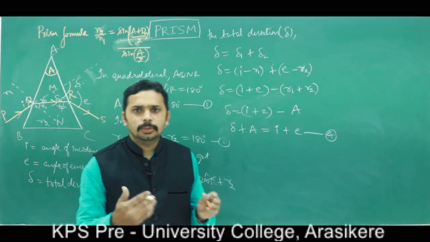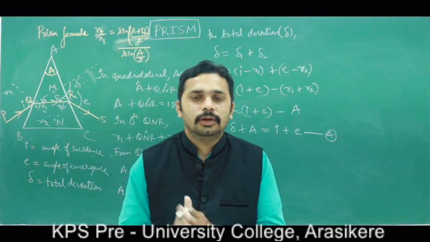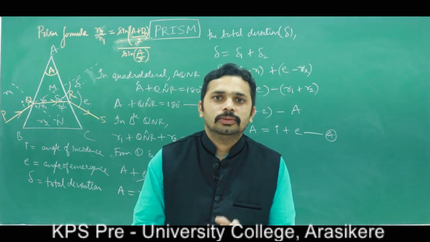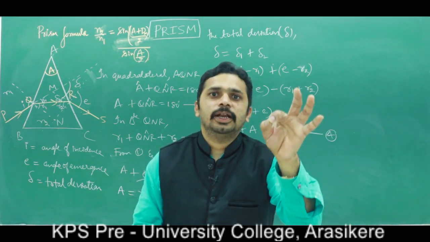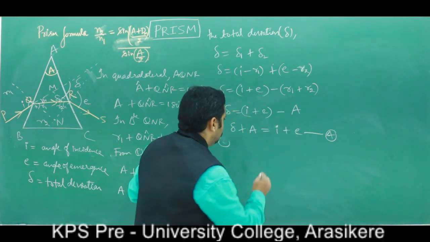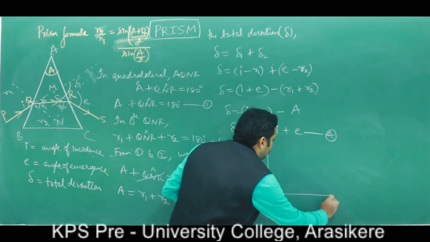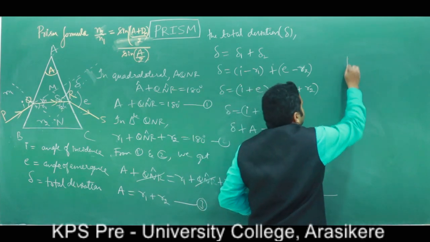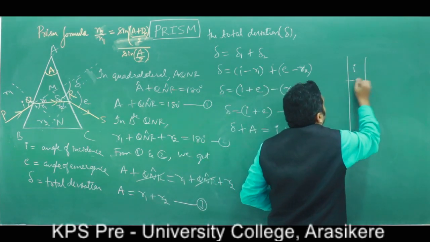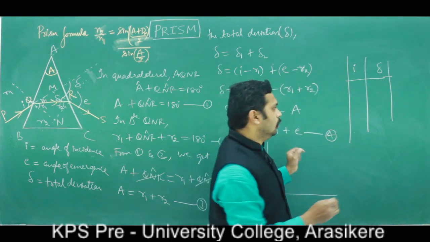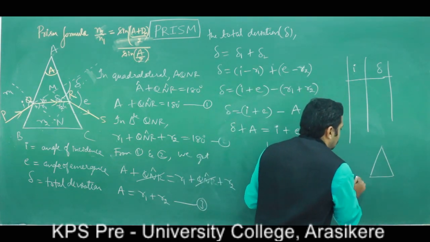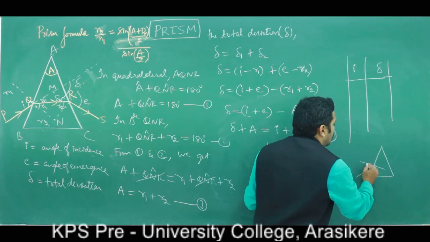Now come to the main point of this derivation. Here I am using the graph from the experimental data. This is the angle of incidence, and this is delta, the angle of deviation. Now you place the prism here. This is I, the angle of incidence.